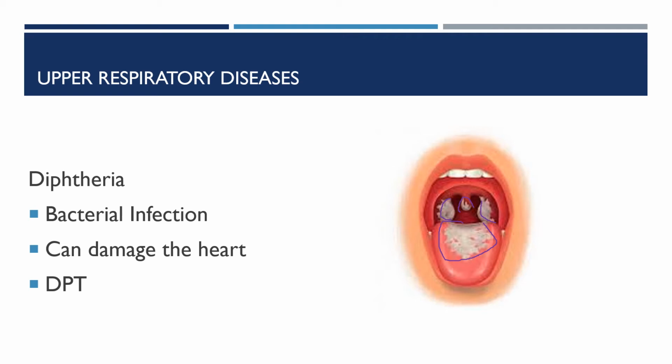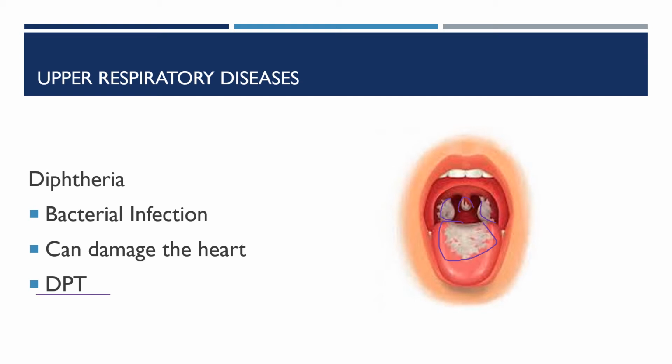And if left untreated, it can actually get into the bloodstream, travel to the heart, and cause heart damage. So diphtheria does need to be treated when it is found as quickly as possible to limit the amount of damage to other organs in the body. However, we don't see it a whole lot in the United States, and the reason we don't is because it's part of our childhood immunizations.